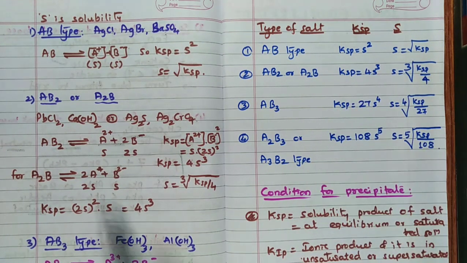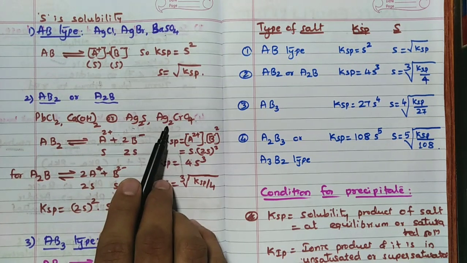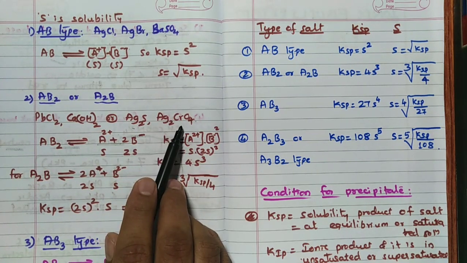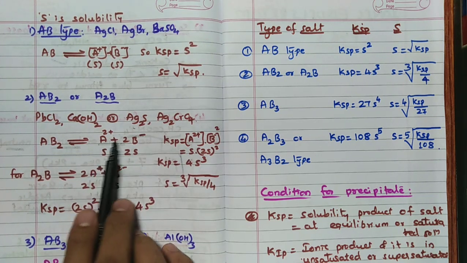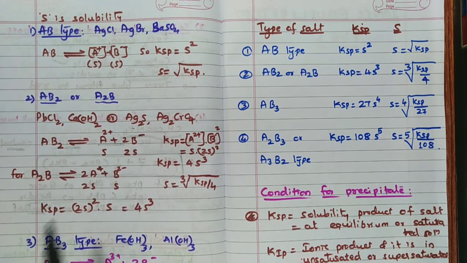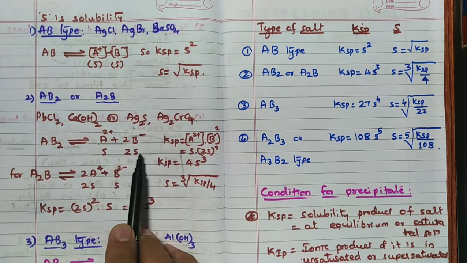Remember this formula. AB2 or A2B, you get the same expression. AB2 like PbCl2, Ca(OH)2; A2B like Ag2S, Ag2CrO4, silver chromate, like that. AB2 means how does it dissociate? A2 plus and 2B minus. A2 plus is S, B minus, since there is 2B, I will write 2S.